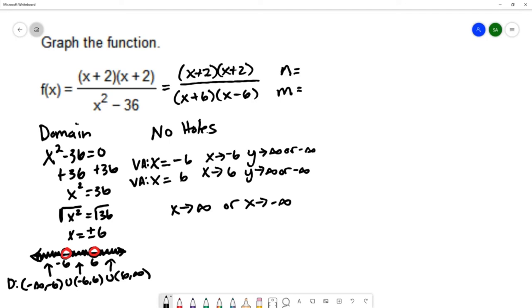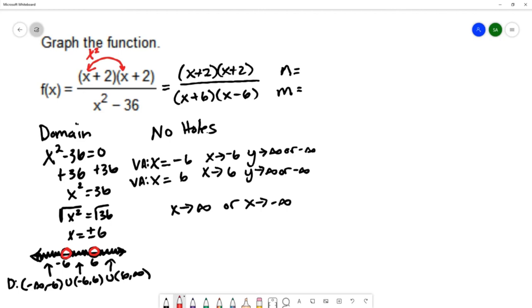So this one is a little interesting since it was written in factored form. It might be a little bit more difficult to find the degree, but if you can imagine multiplying out this x plus 2 times x plus 2, you would get x squared as your highest power of x.